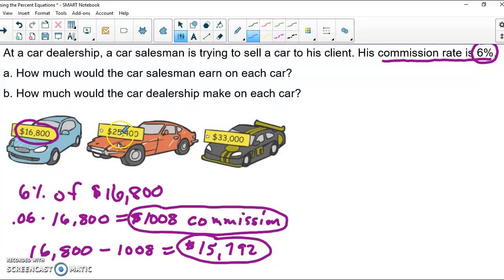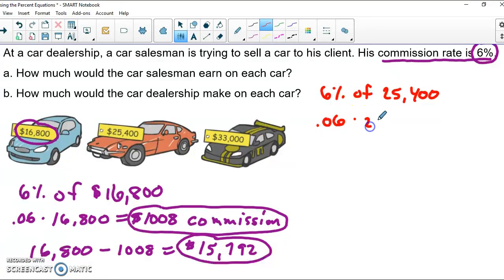Let's test this out for the red car. So we'll use red for this one. First, if I want to find how much the car salesman would earn, I'm going to calculate his 6% commission on this amount of money. So I'm going to find 6% of $25,400. Using my percent equation, I'll turn my percent into a decimal. 6% becomes 0.06.